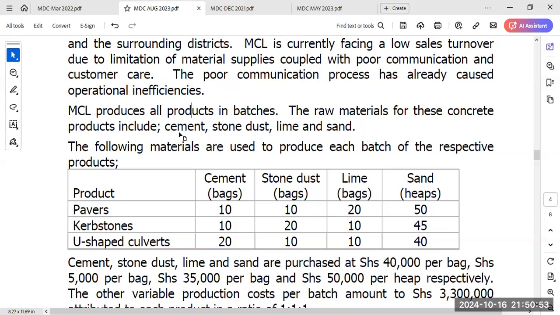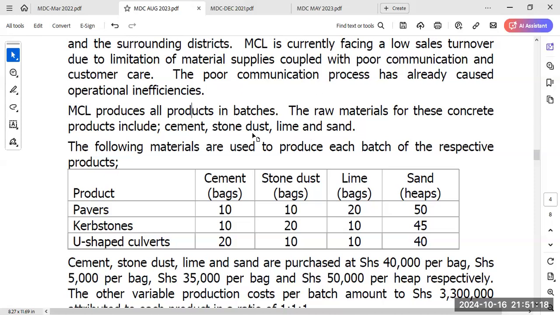At this point, you should be knowing that raw materials, labor hours, storage capacity, all those things are always your constraints. Because as you produce, you need those things. And sometimes those things are not enough.